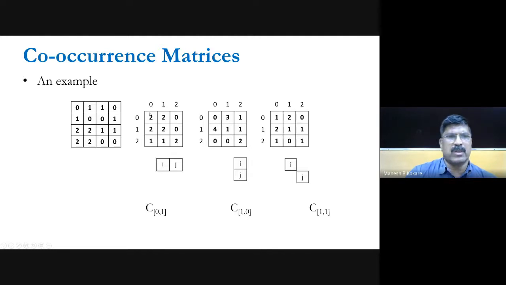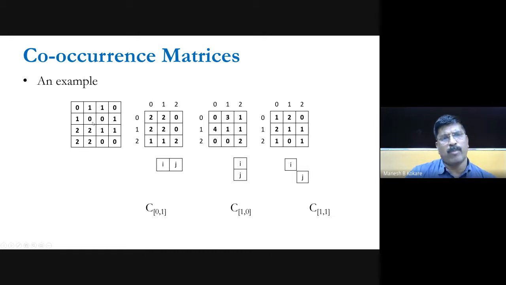So here we have to find the relation. For example, for the I and J combination 0, 0, how many times is it occurring in the original image? See that this is the original image, and I is 0, J is 0. When you go from left to right, how many times does this combination occur?